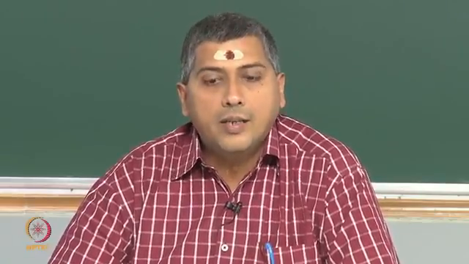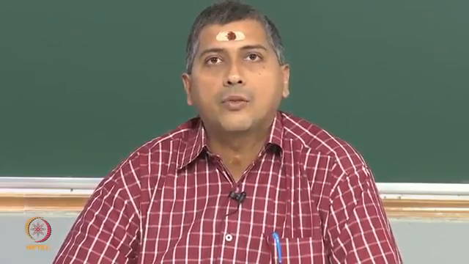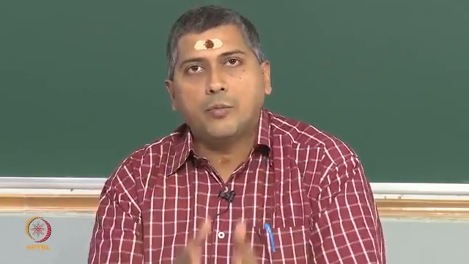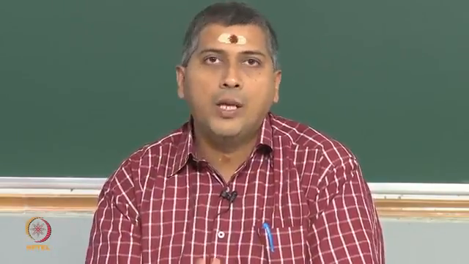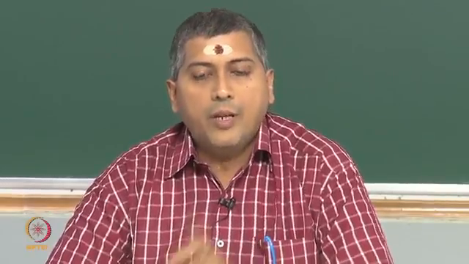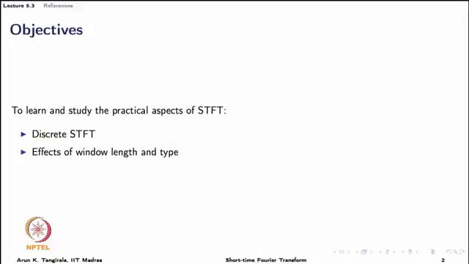The objective therefore is to talk of this discrete short time Fourier transform. Now, this is an analog of the discrete Fourier transform that we studied earlier. Remember, in the case of Fourier transforms, we went from continuous time Fourier transform to discrete time Fourier transform and then talked about discrete Fourier transform. But here we are making a big jump from continuous time short time Fourier transform to discrete short time Fourier transform.